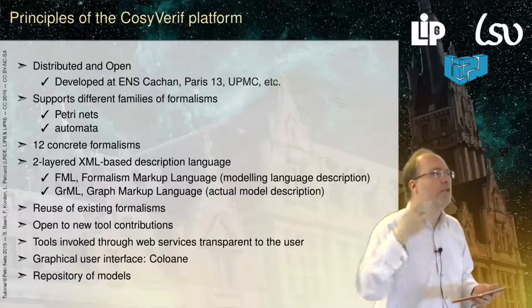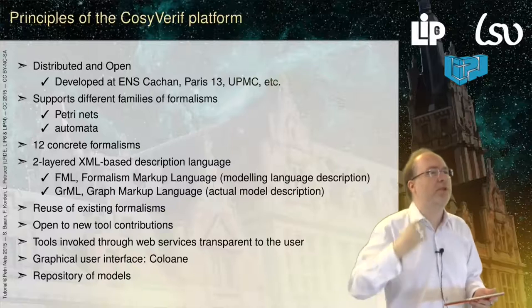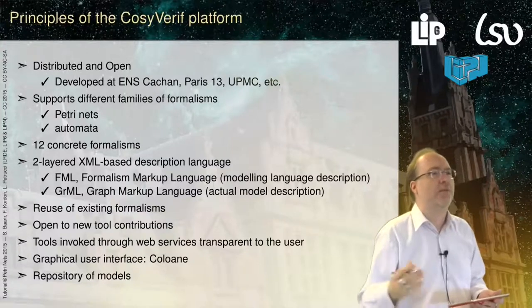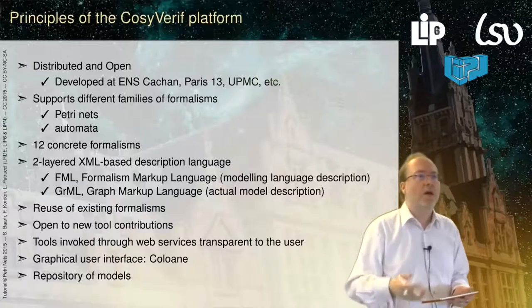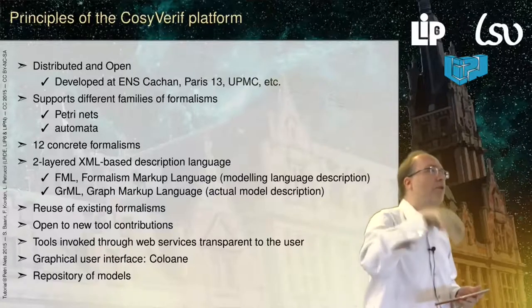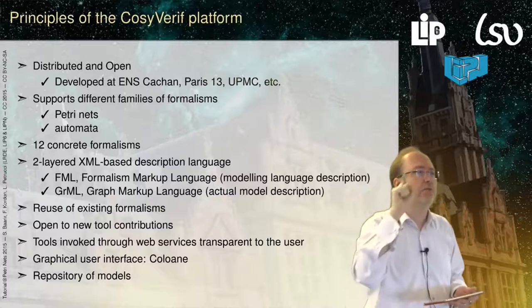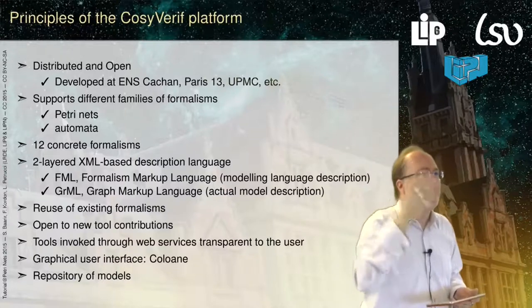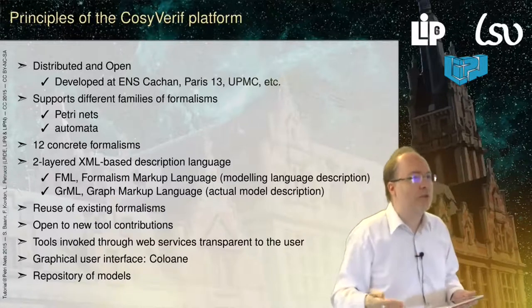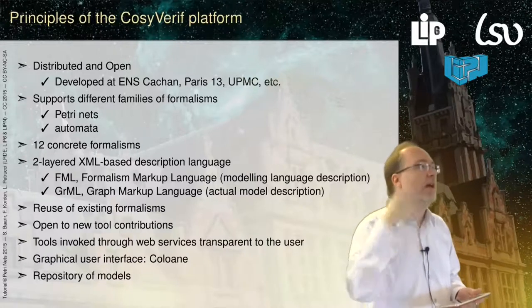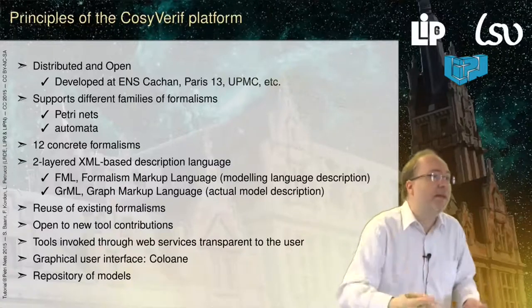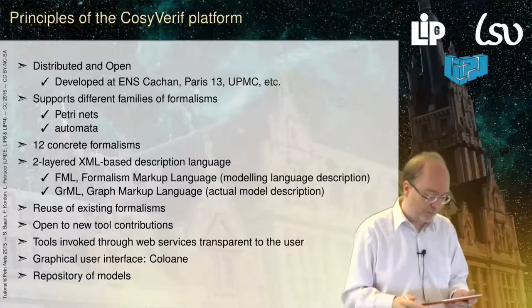There is a way to reuse existing formalisms. So if somebody, during his PhD thesis for example, wants to implement a prototype, it's very easy for him because he doesn't have to care about all the graphical stuff. He just has to implement the core of his algorithm, and then plug it into the libraries of the environment, and then it can be embedded in the system.